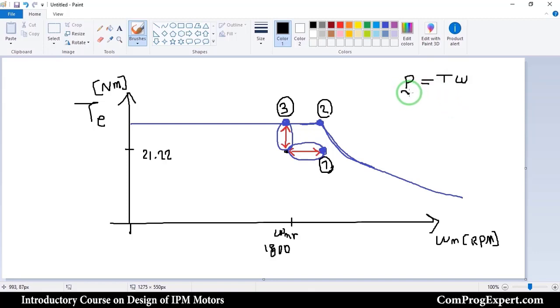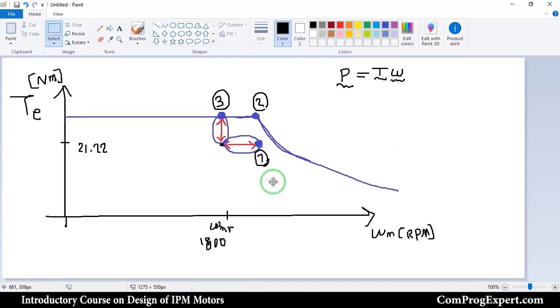When is the output power maximum? When we have a high value for torque and a high value for speed.